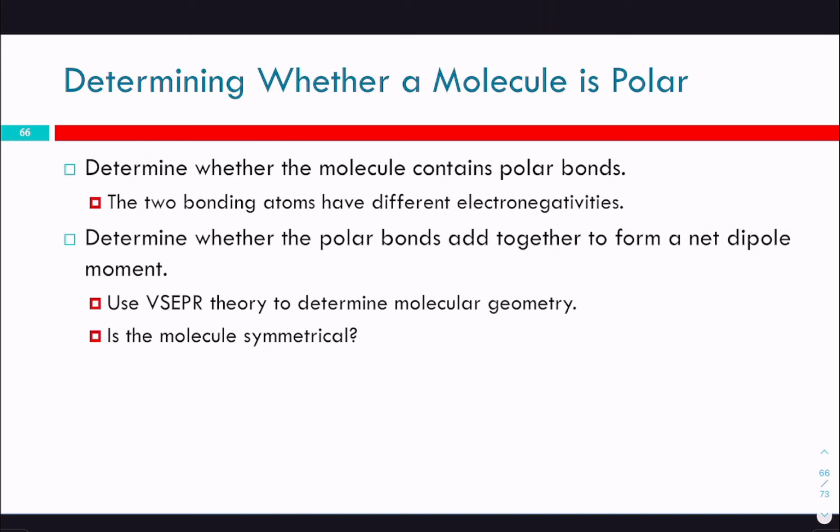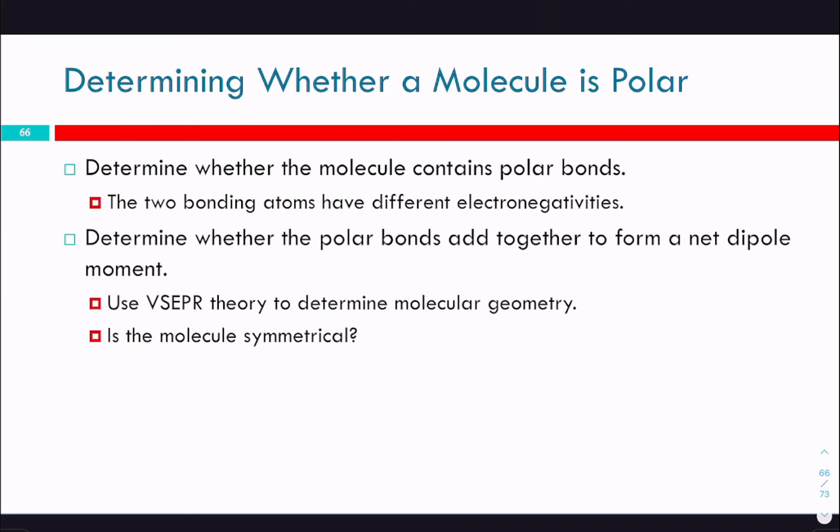If I swapped one of these out with oxygen, now oxygen and carbon are going to have a net dipole moment, and that's going to be different than the other three hydrogen bonds. So while looking at it straight on, it might be symmetrical, we have an asymmetry in this plane, where this is now going to be very negative, and the rest of this is going to be kind of positive. So you've got two poles, a negative end and a positive end.